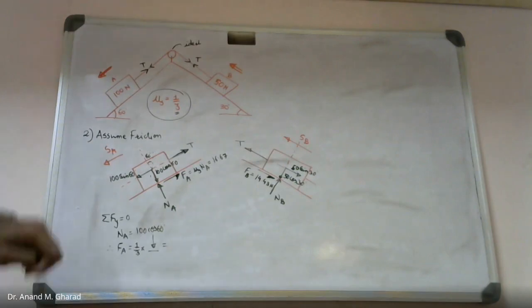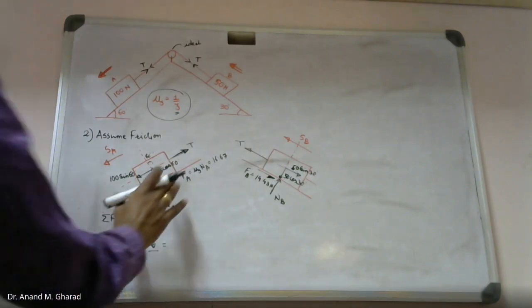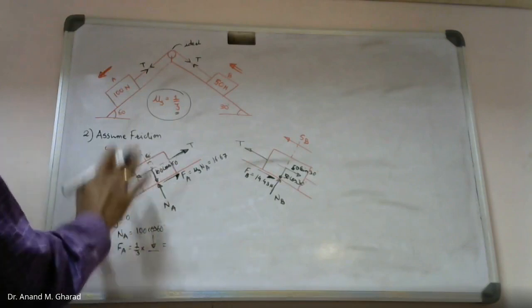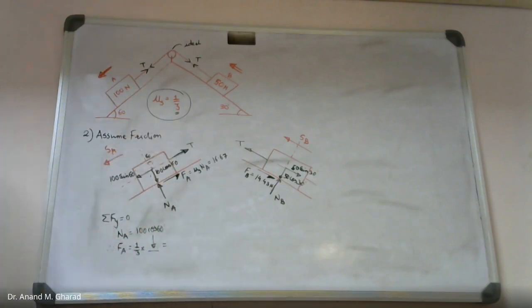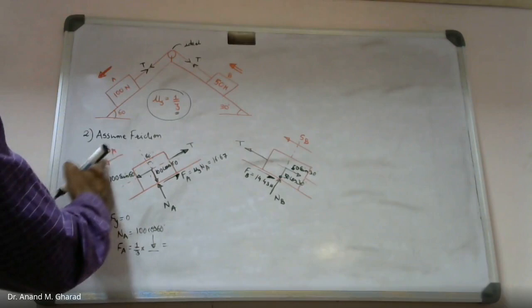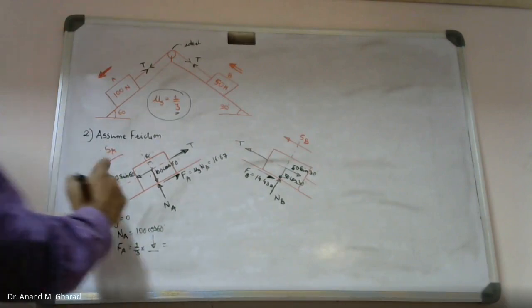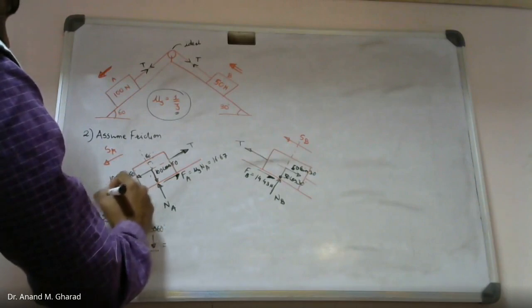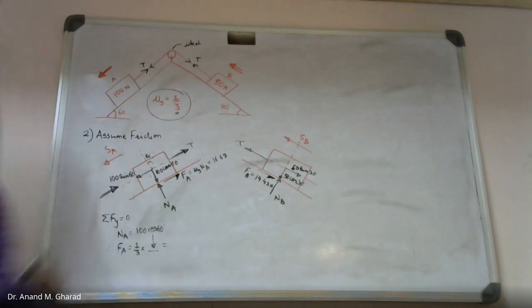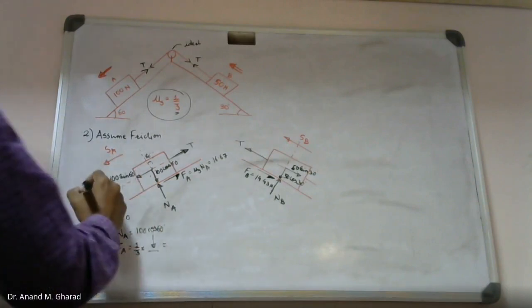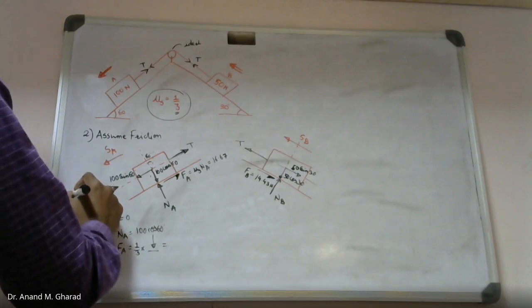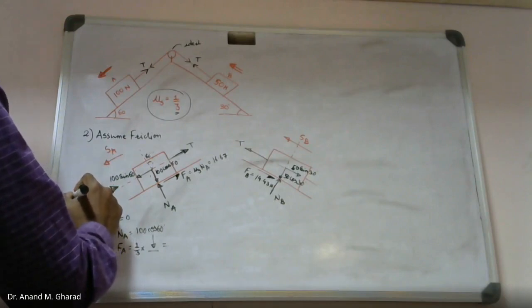Yeah. Now the next step is to identify the inertia force which will be acting based on the displacement. Since this is moving in the downward direction, naturally the inertia force shall be acting upwards. What is this? Inertia force, mass into acceleration, right?